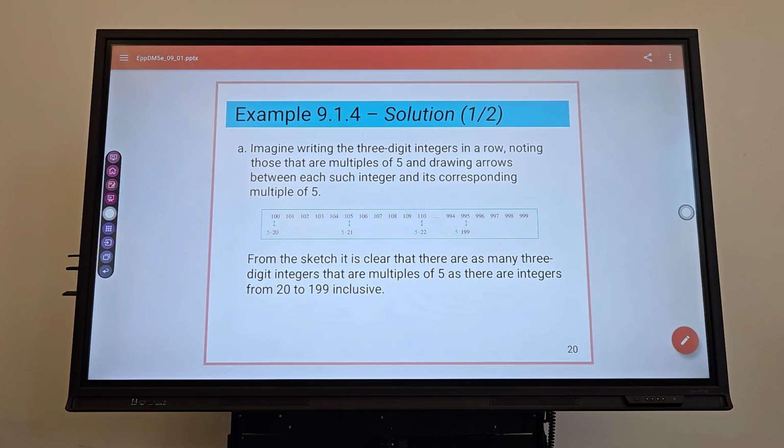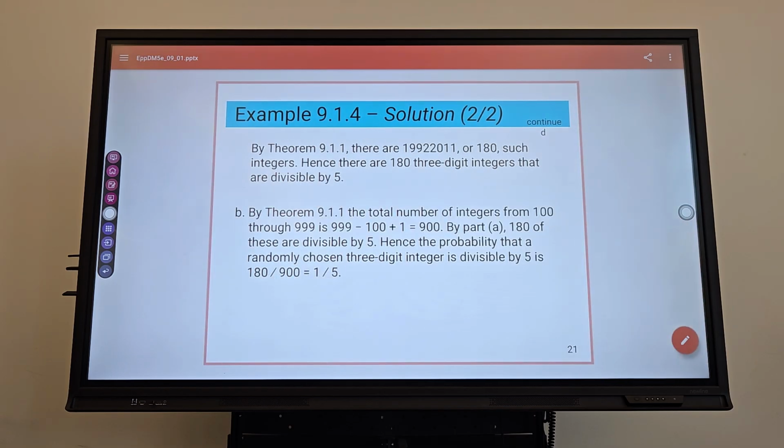So, by theorem 911, there are 180 such integers.